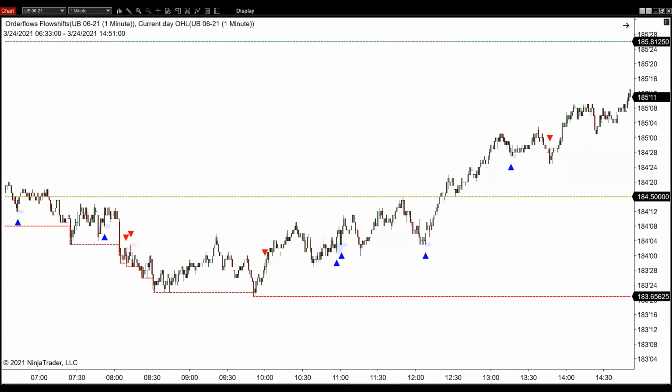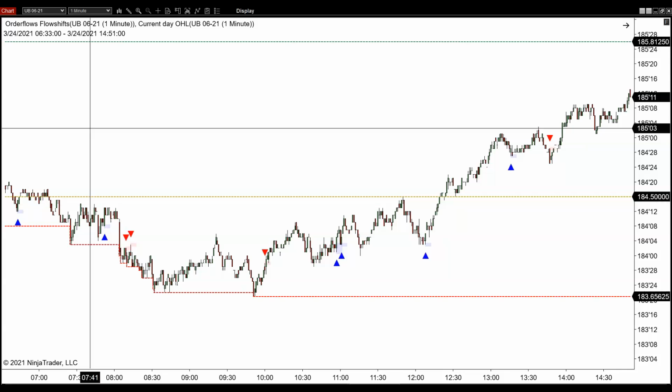Okay, can you trade order flow on a 15-minute or 30-minute chart? Not really, honestly. With order flow, you're basically trading the freshness of the information. If you're on a 30-minute chart and you see something that happened earlier, then it sort of lost its efficiency.